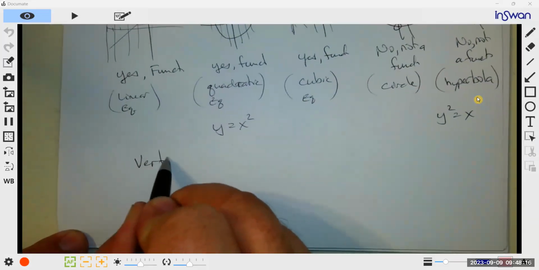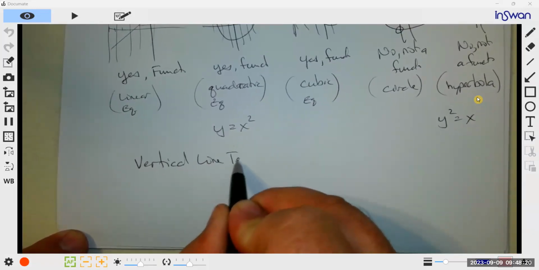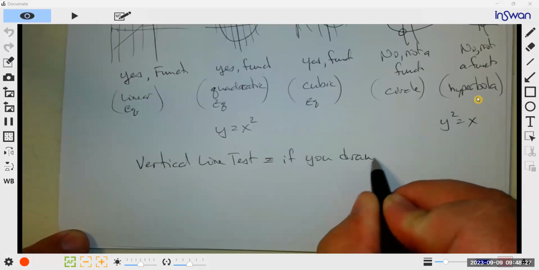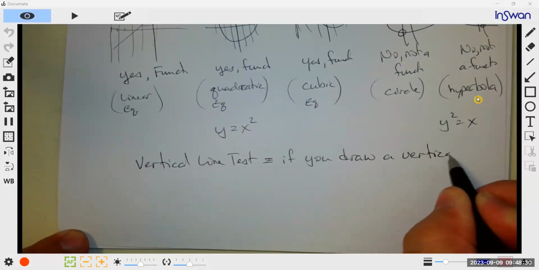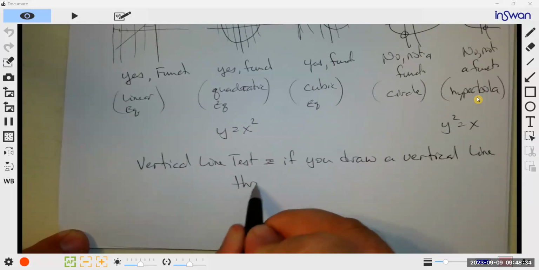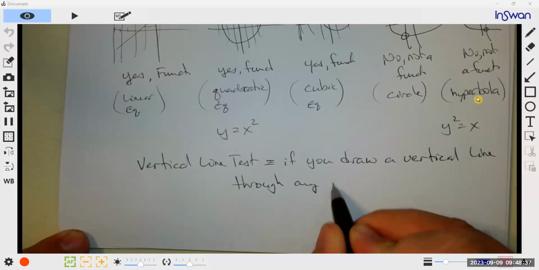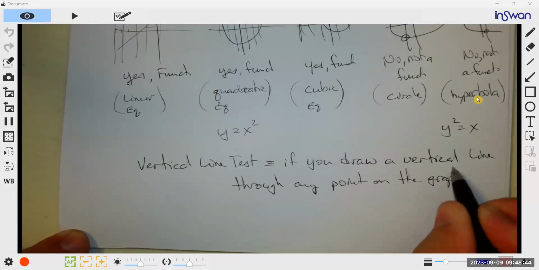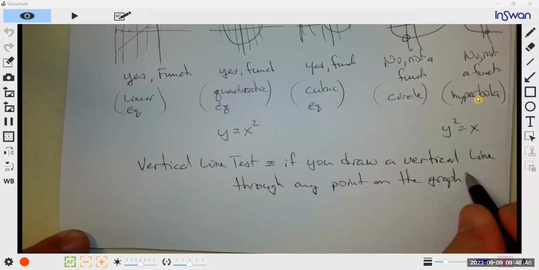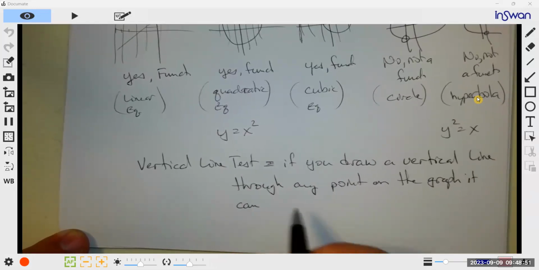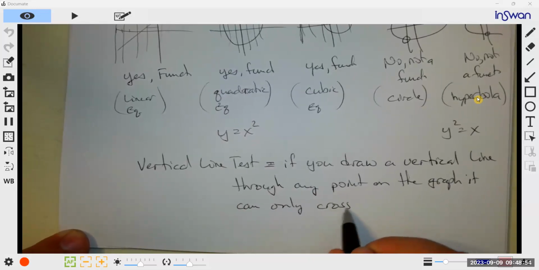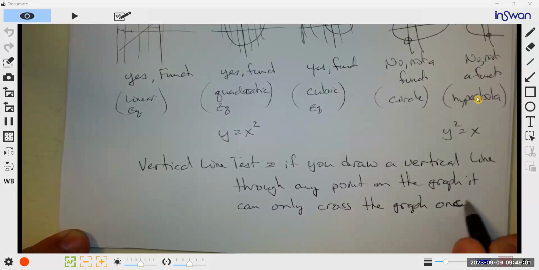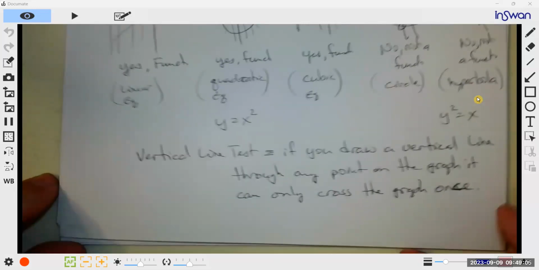The vertical line test says this: if you draw a vertical line through any point on the graph, it can only cross the graph once. That's the vertical line test.